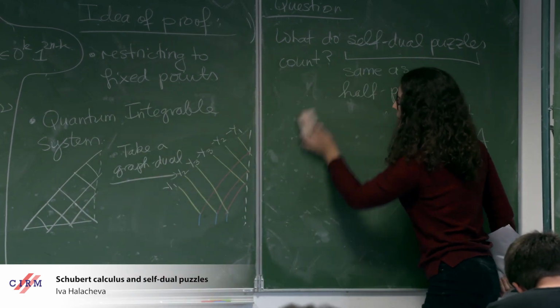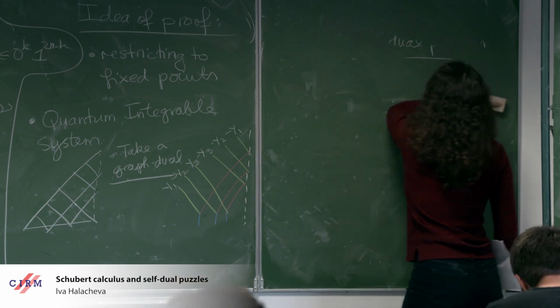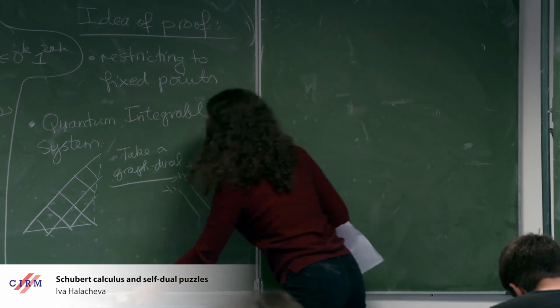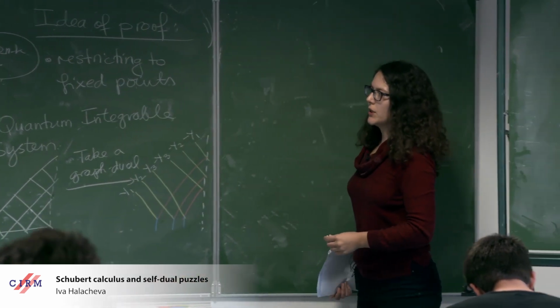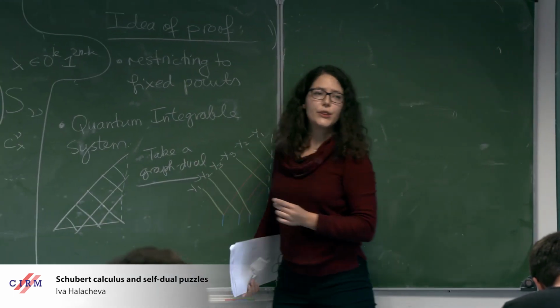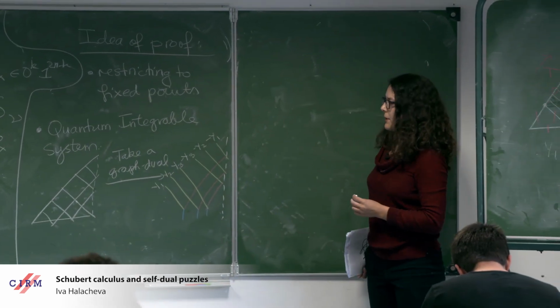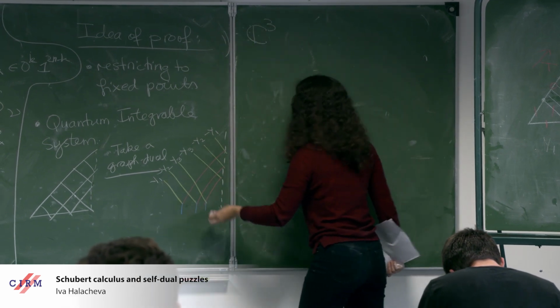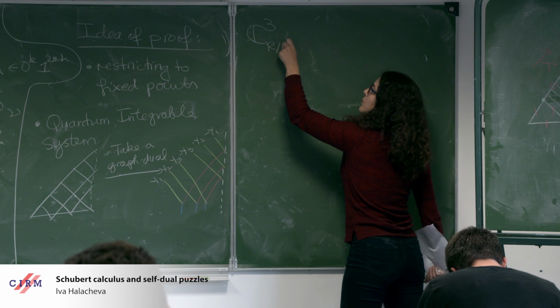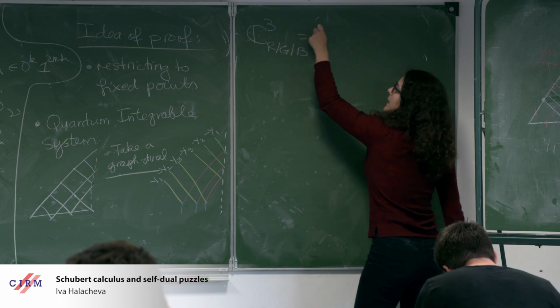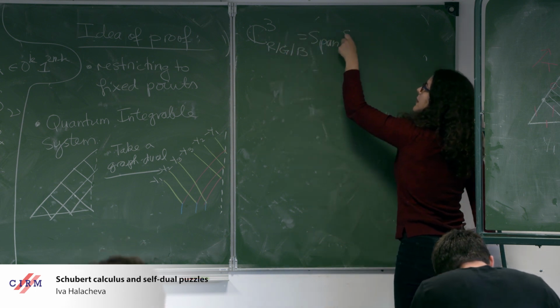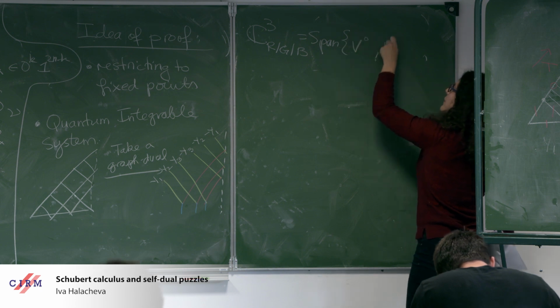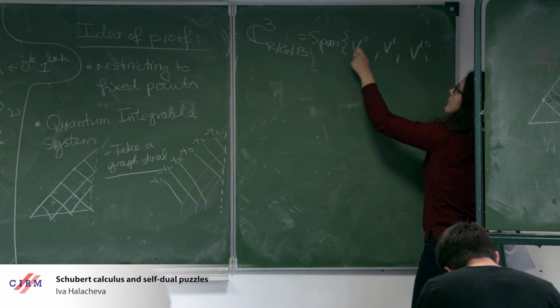Now we have this picture, and would also like to linearize our puzzle labels. So 0, 1, and 10 now we'll think of as vectors spanning a three-dimensional space. We'll think of C3, red, green, or blue, as being the span of V0, V1, or V10, red, green, or blue.